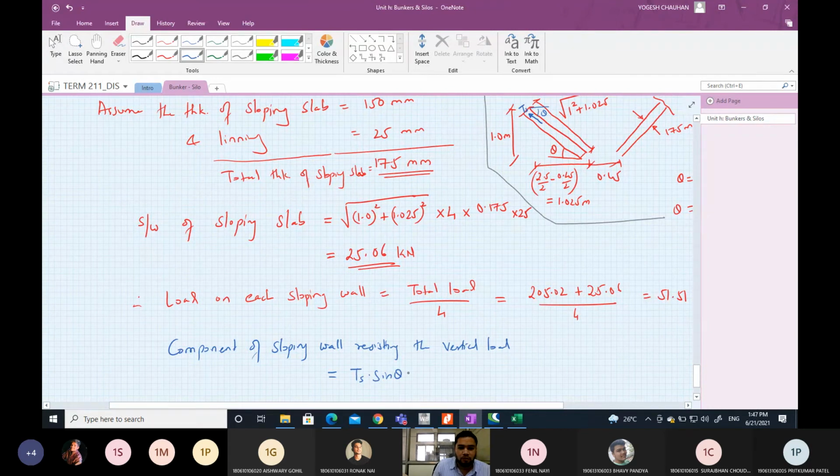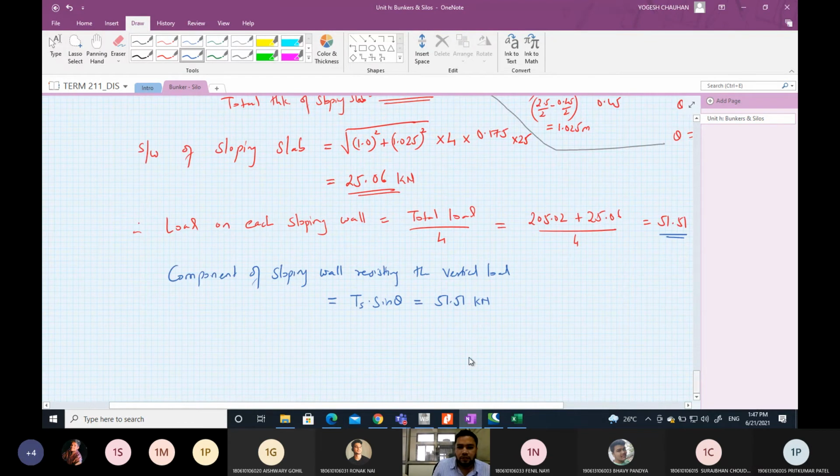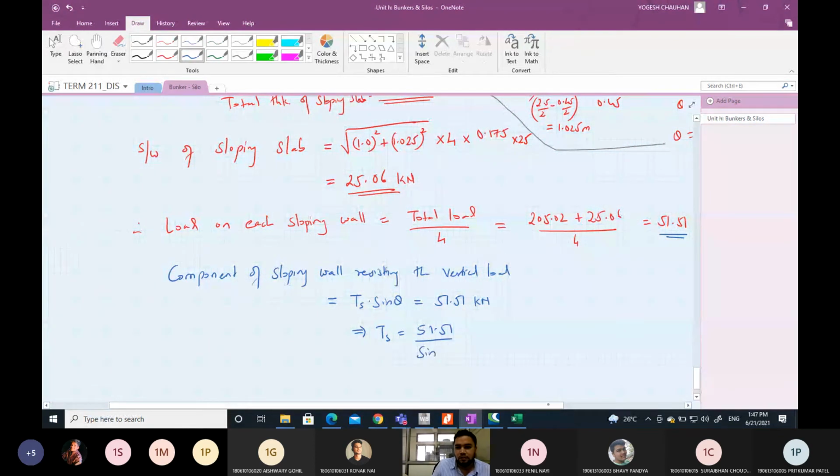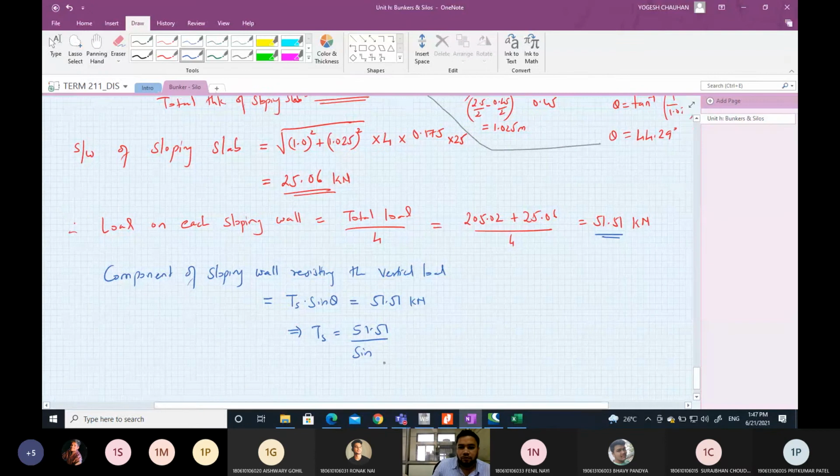That will be the component which will resist the vertical load, and this will be equated to 51.51 kilonewton. So you will get Ts equal to 51.51 divided by sin theta, where theta is 44.29.